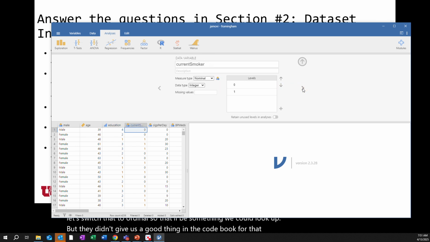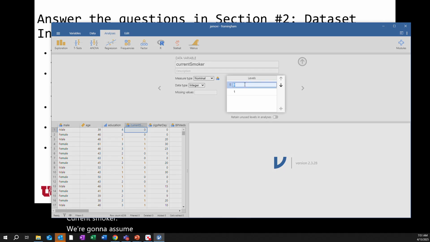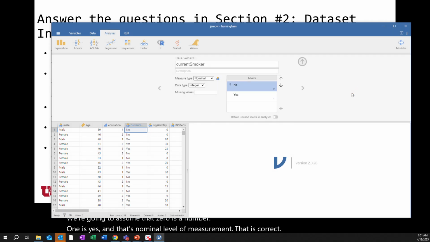So current smoker, we're going to assume that 0 is a no, 1 is a yes, and that's nominal level of measurement. That is correct.